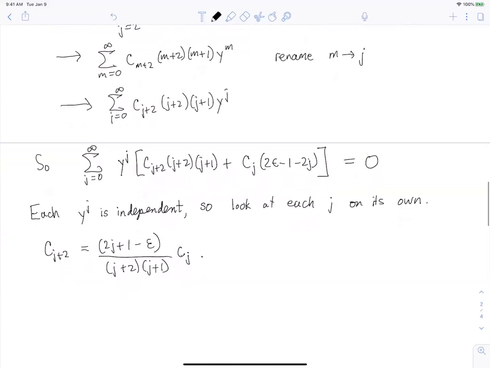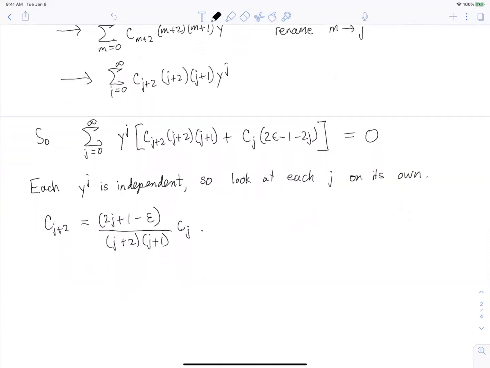The great thing about that is that if we know c sub j, then we automatically know c sub j plus 2. So if C0 is known, then so is C2, because you plug in j equals 0.